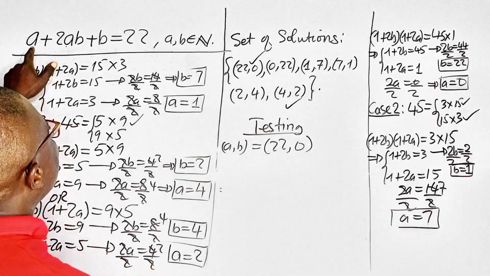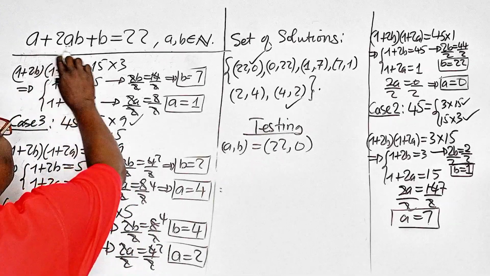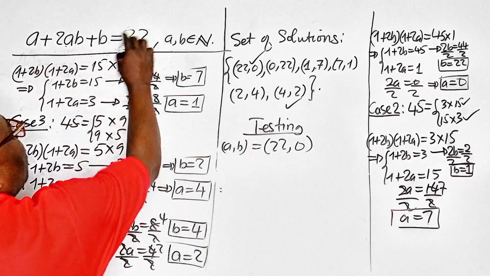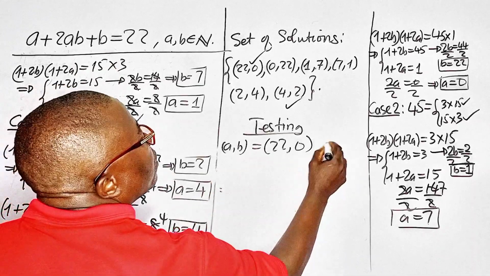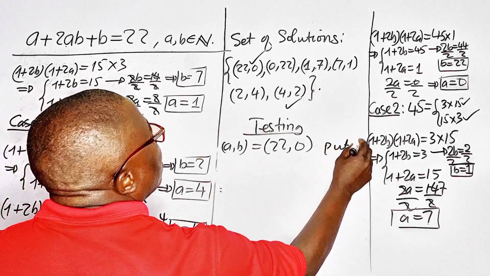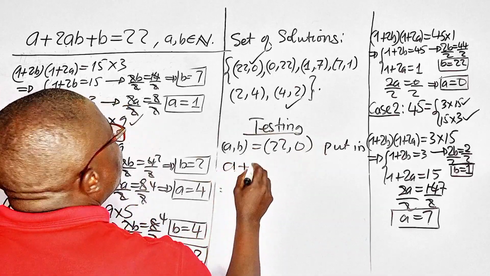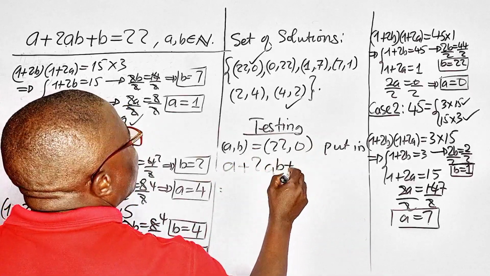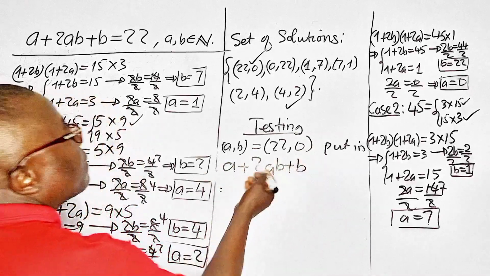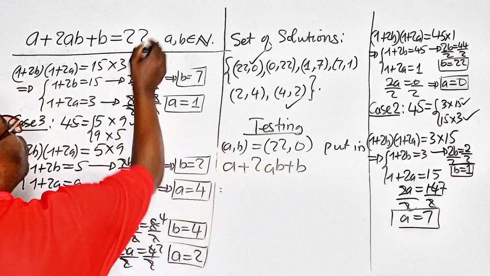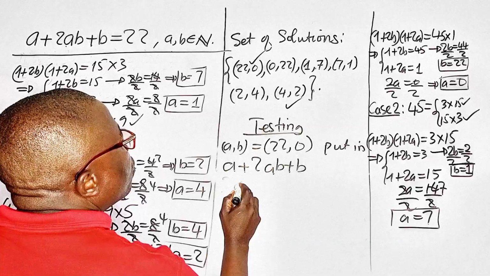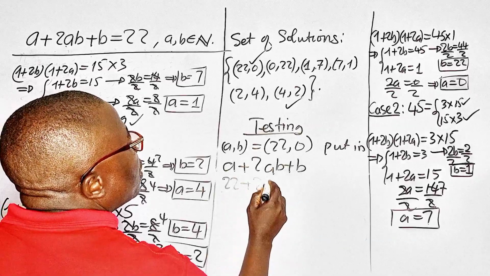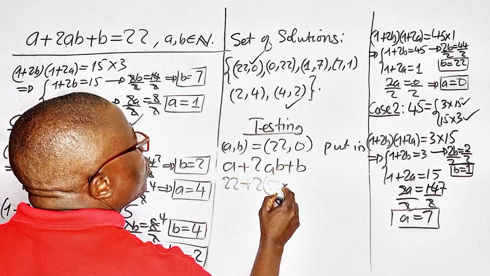Let's put it on the left hand side to see if our left hand side result will give us 22. So we'll put in a plus 2ab plus b. A is 22, so we'll put 22 plus 2 into 22 multiplied by b.